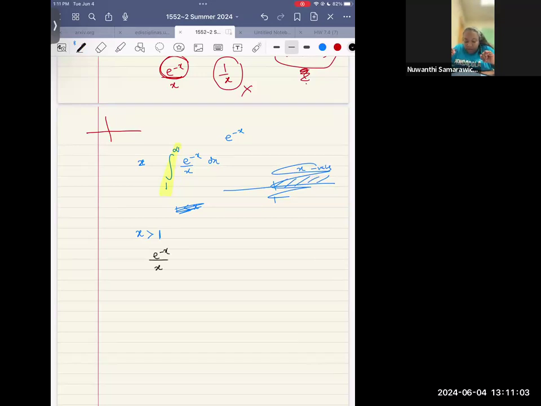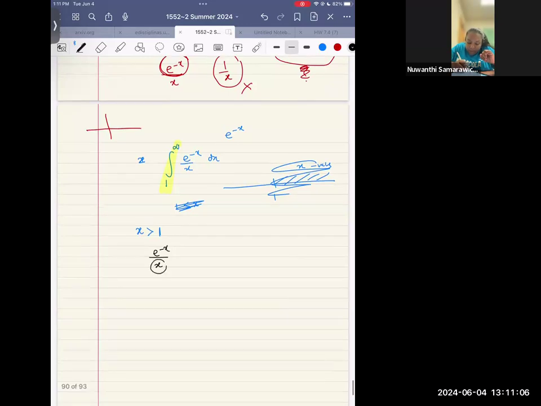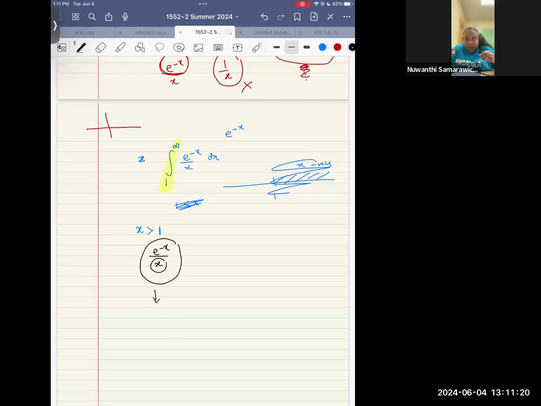When you have this function, x is greater than 1. x can be 10,000, x can be any number. When you divide by a very large number, the whole fraction becomes less, right? If you divide by 10 and if you divide by 10,000, there is a huge difference. When the denominator is very large, the whole fraction gets lower.